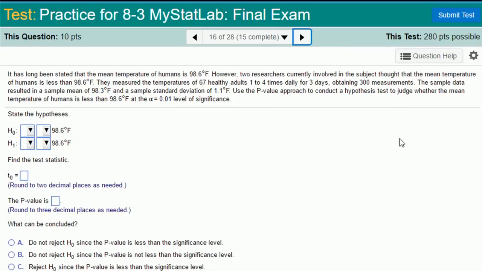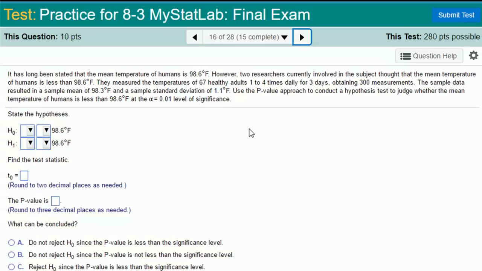It has long been stated that the mean temperature of humans is 98.6 degrees Fahrenheit. There's an episode of Freakonomics about how this is really wrong. But anyway, two researchers currently involved in the subject thought that the mean temperature of humans is less than 98.6 degrees Fahrenheit.